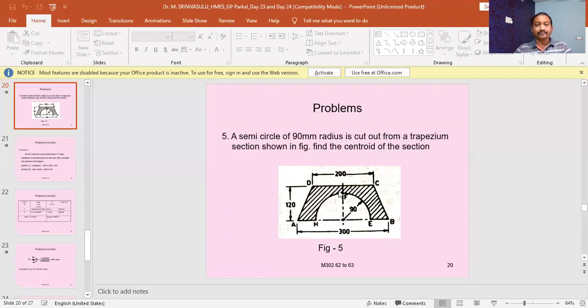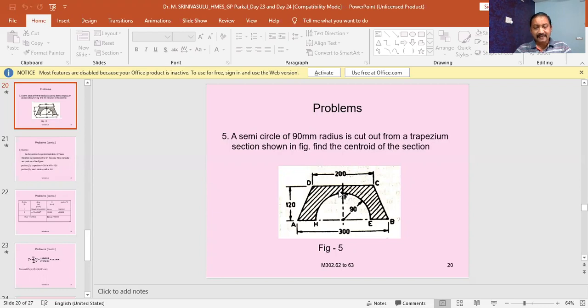A semicircle of 90 radius is cut out from a trapezium section shown in the figure. Find the centroid of the section.